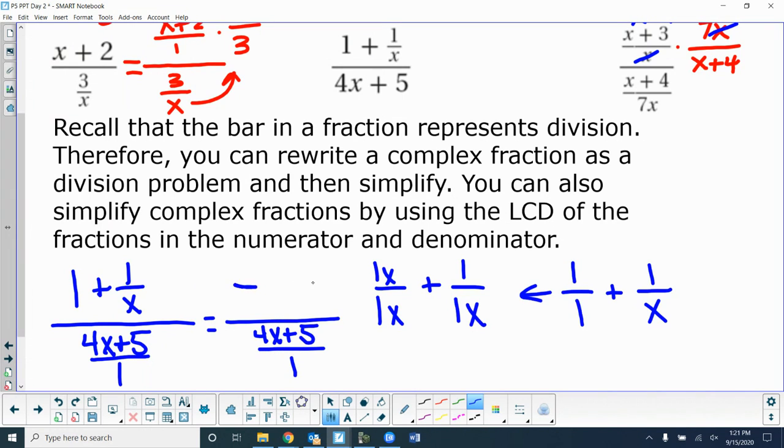What's that? 1x plus 1, right? Or just x plus 1. So that's what it looks like. Now it looks like these two, right? So what am I going to do to finish it up? Flip this bottom one, multiply, right? You guys could finish it, right? Does that make sense? That's how you do those.